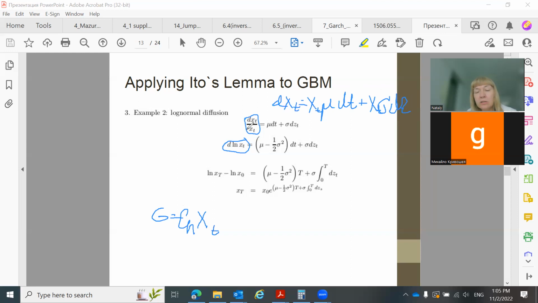From this dx, we multiplied both sides by x_t. So this is our stochastic process, and we would like to find dg.